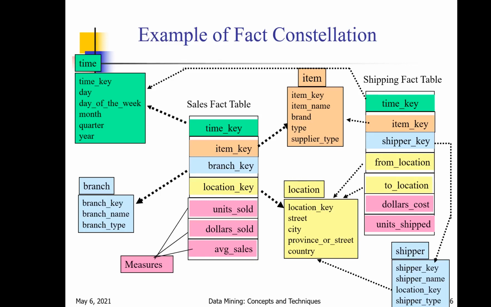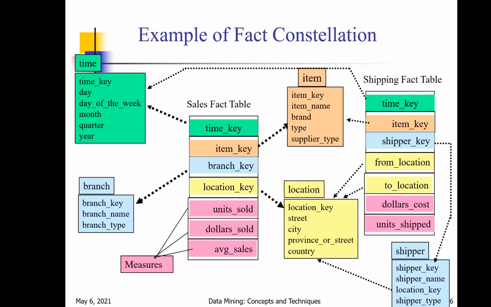In the shipping fact table, you can observe time key, item key, shipper key, from location, to location, dollars cost, units shipped. Dollars cost and units shipped are the measures. So a fact table is a collection of these foreign keys, these dimensions, and measures.